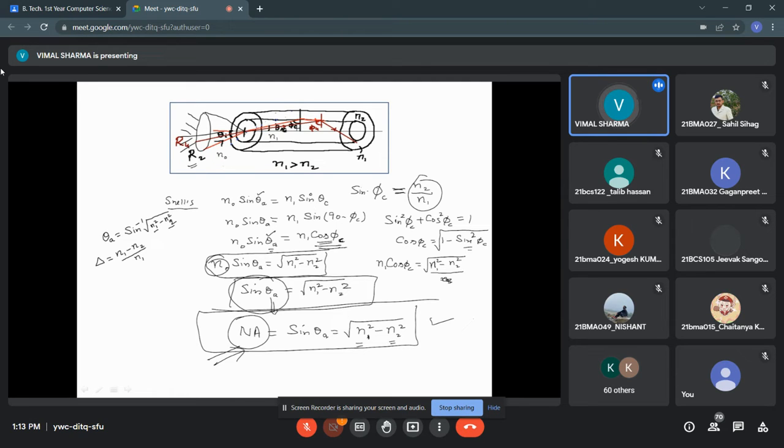Simple mathematics: you can see that the term n1 square minus n2 square is involved in the formula of numerical aperture, and in the fractional refractive index change as well, we have this difference, that is n1 minus n2. So by doing some simple mathematics, we can write the numerical aperture in terms of delta.